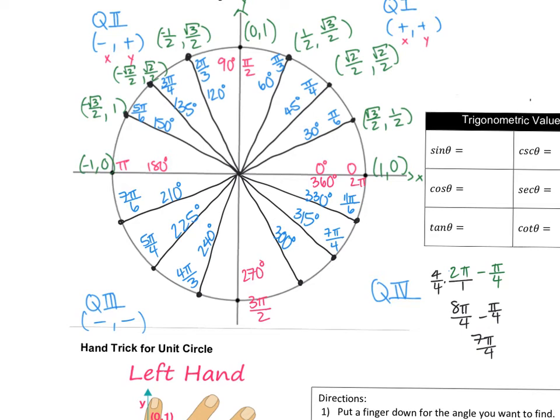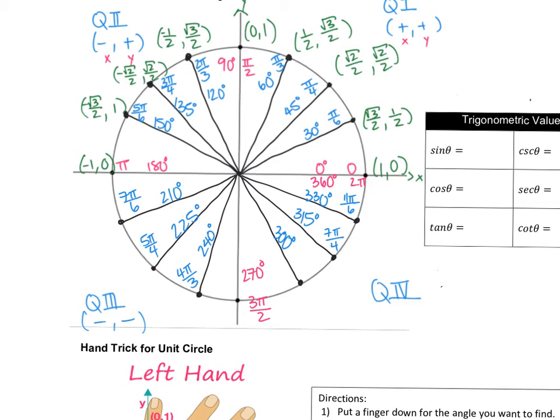Okay, so now we're going to figure out the next angle. So let me make some more room here to do that. Okay. So the 30-degree angle is related to the 60 degrees. So it's related to pi over 3 for radians. So this distance from the x-axis to here, this angle is pi over 3.